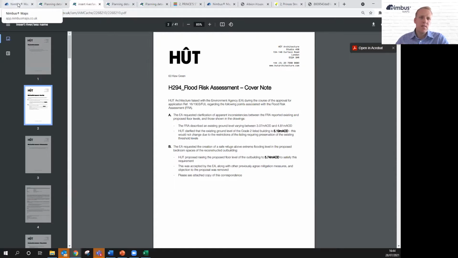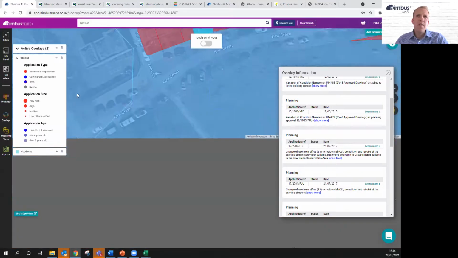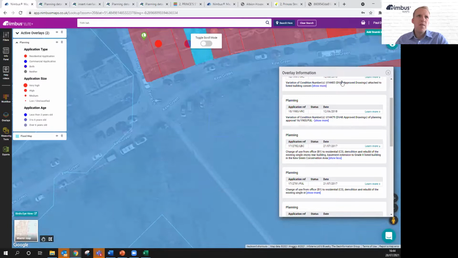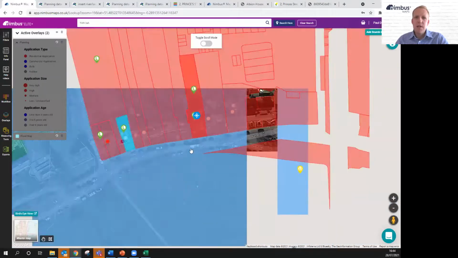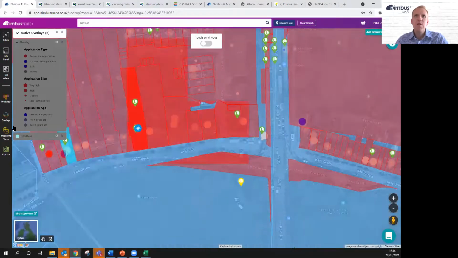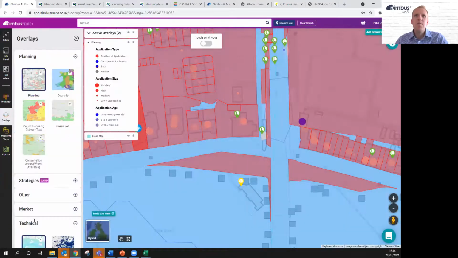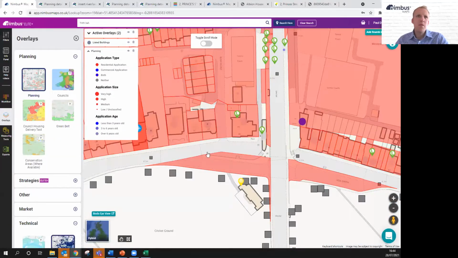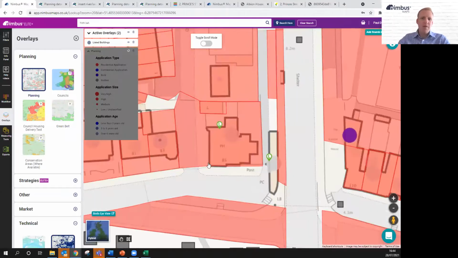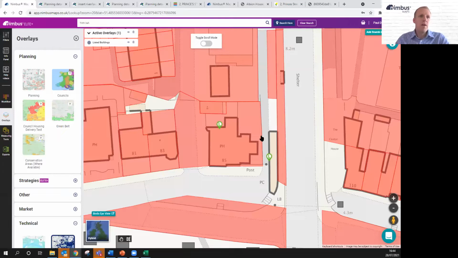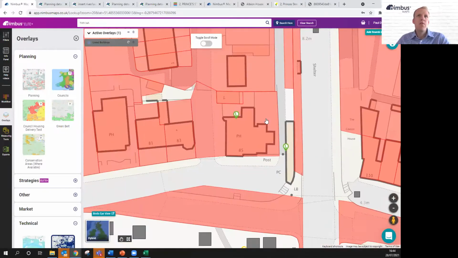I'm not going to go through the whole report. They're basically saying the finished floor levels of the bedrooms are set no lower than a certain level above the ordnance datum. So essentially, as part of any works, you'll have to work with a flood risk consultant to work out what that level is, and then any of your bedrooms have got to be above there.